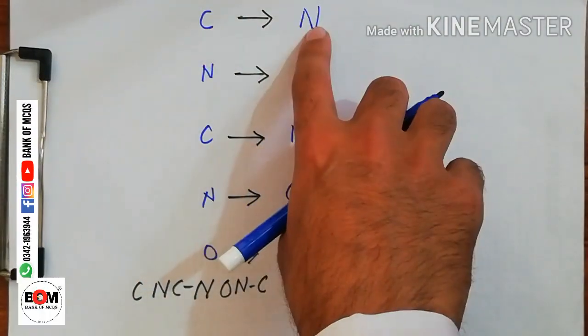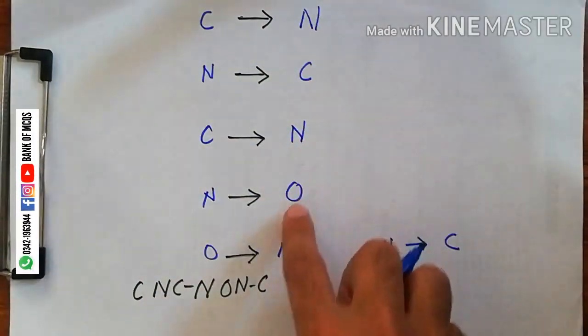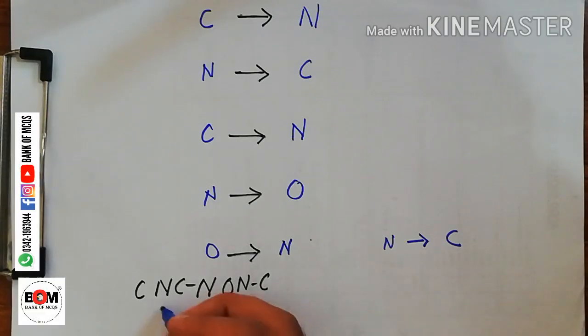The first C will be converted into N, then C, then N, O, N, C: CNC NONC. So this is the formula.